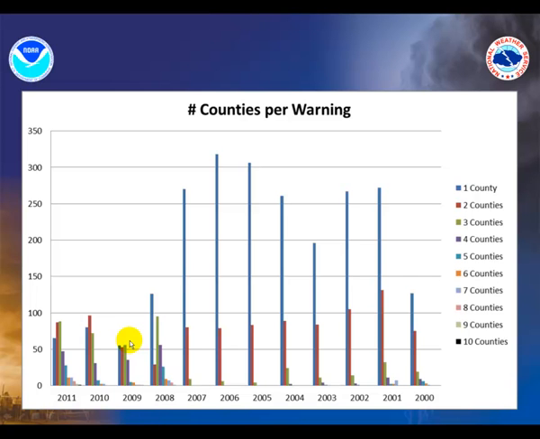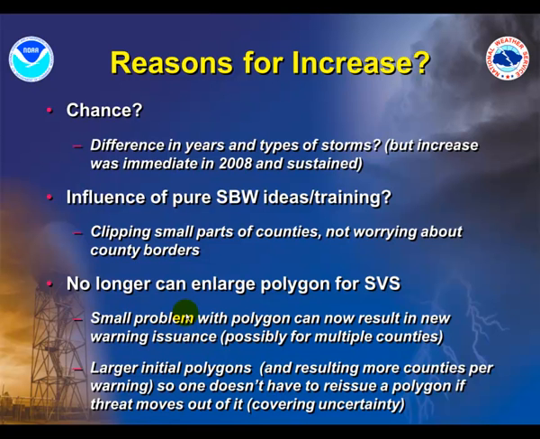So you can see a different way of looking at it, but obviously since storm-based warnings, we haven't been worried about counties as much, and it shows up in the way that the statistics are falling out from this office.